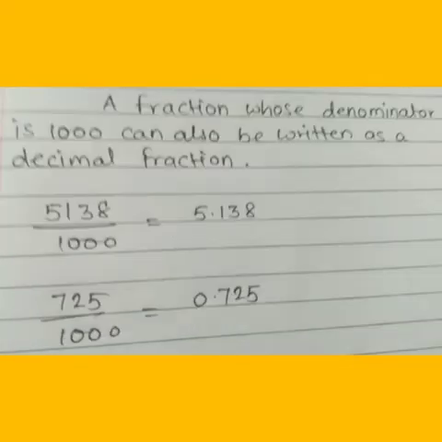Like the above way, a fraction whose denominator is 1000 can also be written as a decimal fraction. So 5138 divided by 1000, our answer is 5.138, and 725 divided by 1000 is equal to 0.725.